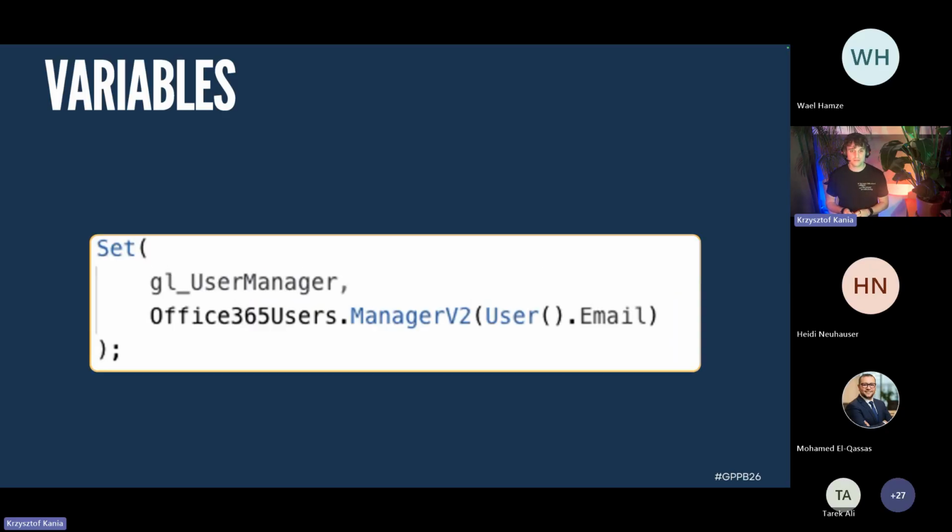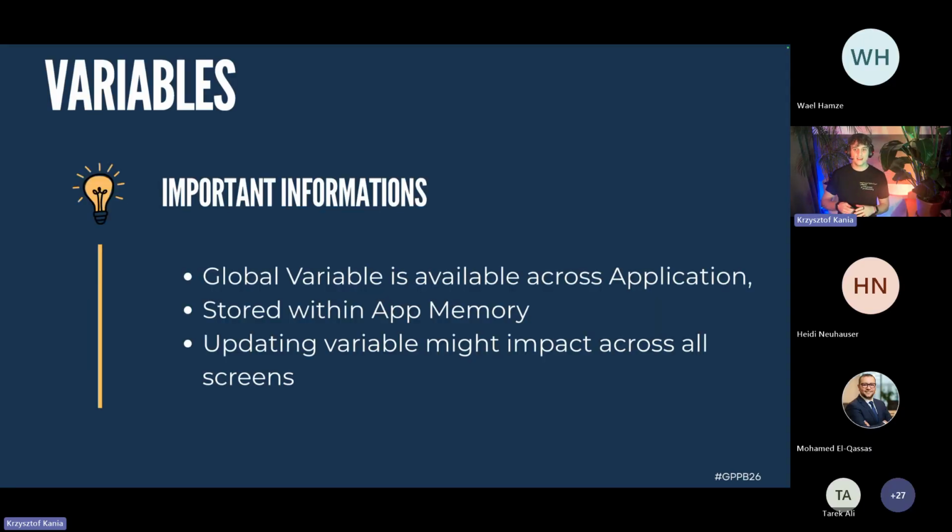So from the variables perspective, the global variable is the one that is defined by the Set function. And it is available across all our application. It is stored within our application memory, and we have the power to update it whenever we want.